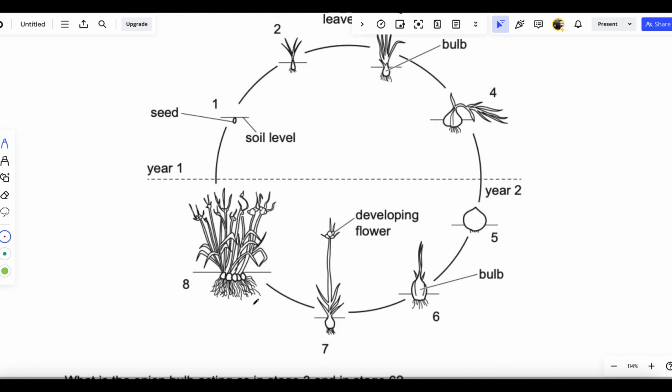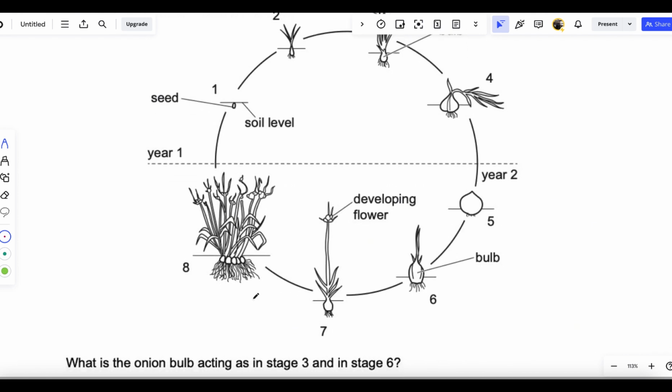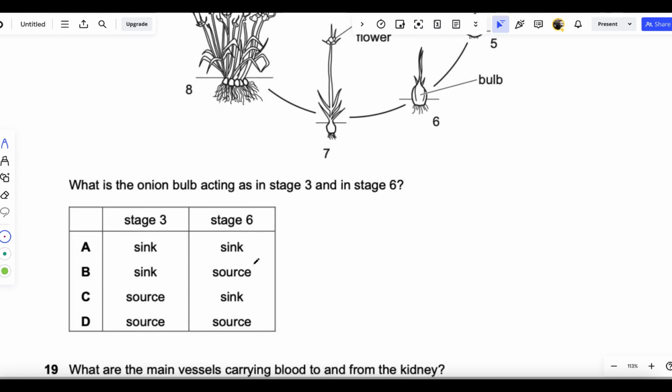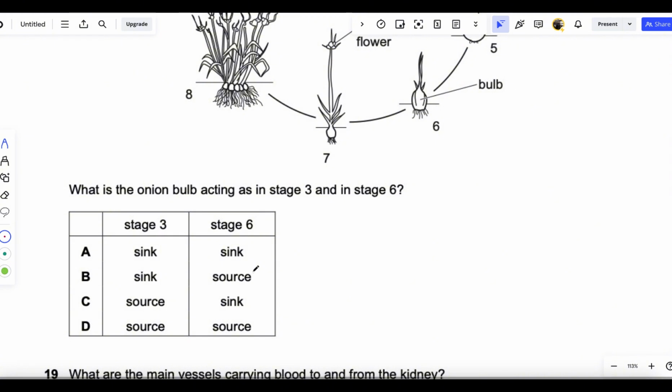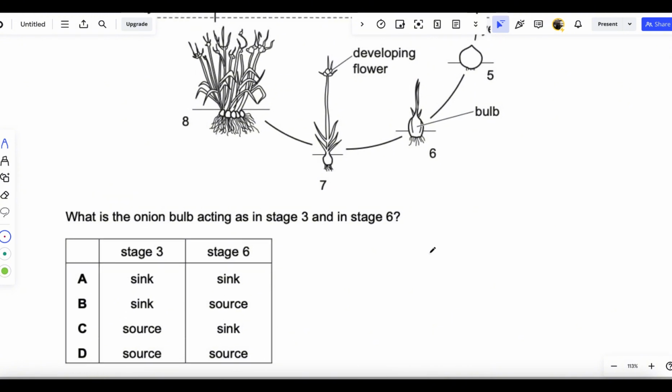Now let's see what the question wants from us. Question: what is the onion bulb acting as in stage 3 and stage 6? Stage 3 and 6. Let's see stage 3 and 6.